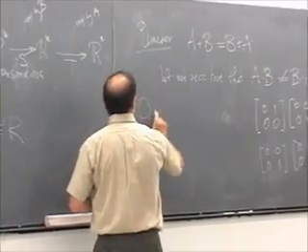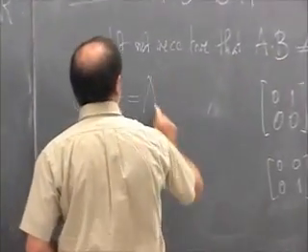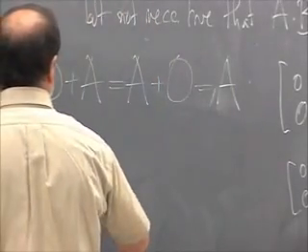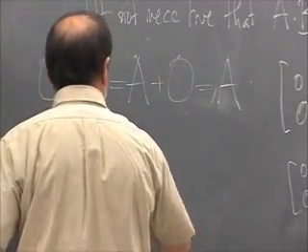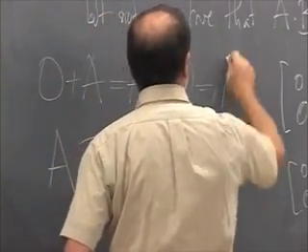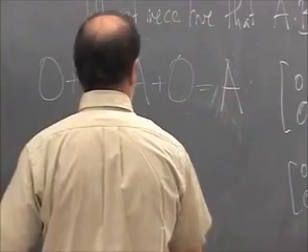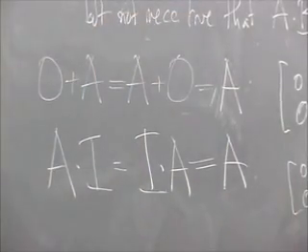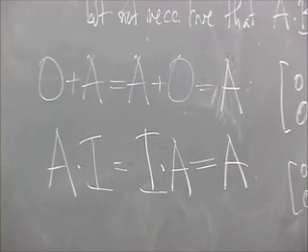So 0 plus A is equal to A plus 0 is equal to A. And no matter which side you multiply by the identity matrix, I times A, sorry, this is A. If you add 0, and if you multiply by I, you get A. So you have a multiplicative identity and an additive identity.